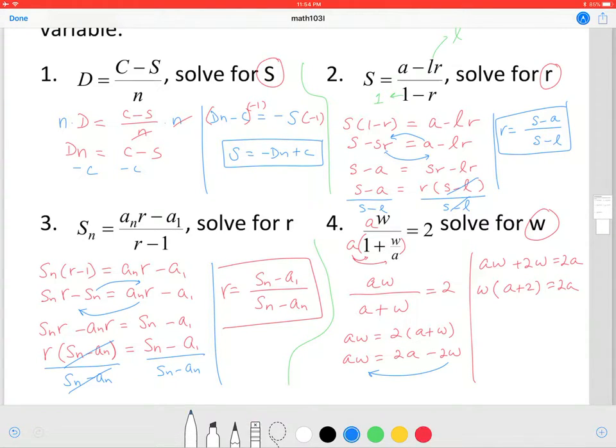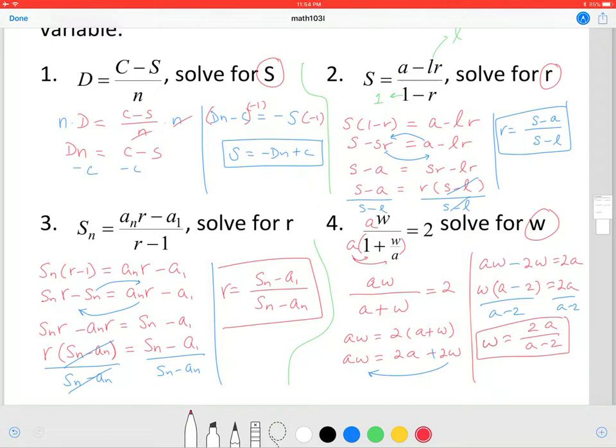Sorry, correction with blue, plus. So that means that should be minus. Sorry, my mistake here. The a was correct. So divide both sides by a minus 2, and that should be it. So w is equal to 2a over a minus 2. That's it. Sorry about the little error I made earlier. Good thing I caught it before I stopped this video.